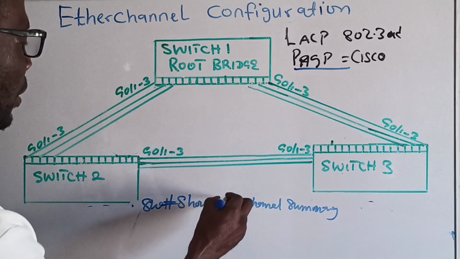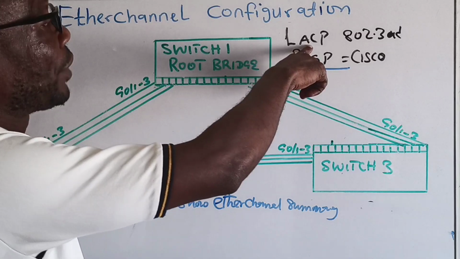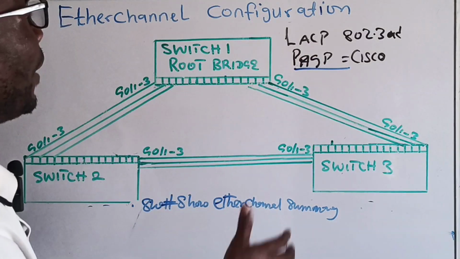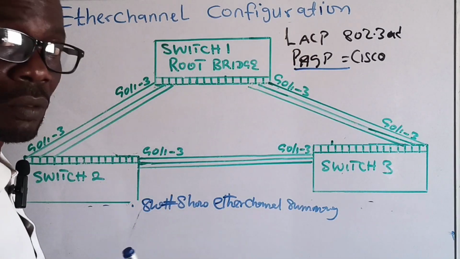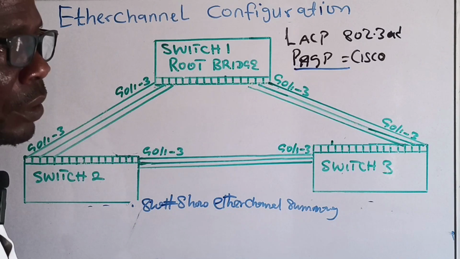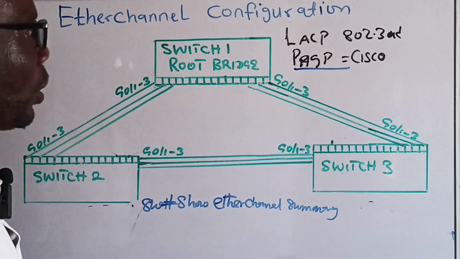You hit enter. Whether you configured this or this, you see the protocol that you have configured on the EtherChannel. You see port 1, group 1, group 2, group 3, along with the protocol.